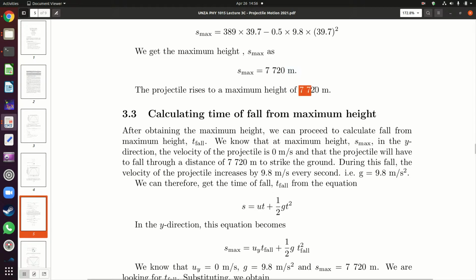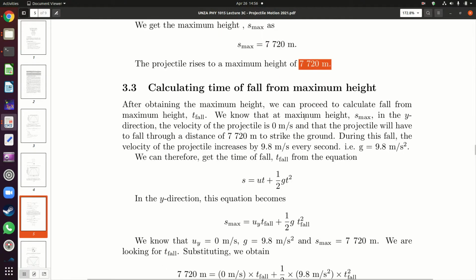With this maximum height of 7,720 meters, you can assume, as we did here, that this projectile is going to fall through the same height. At maximum height its velocity was 0 meters per second, because every object at maximum height has a velocity of 0 meters per second in the y direction.